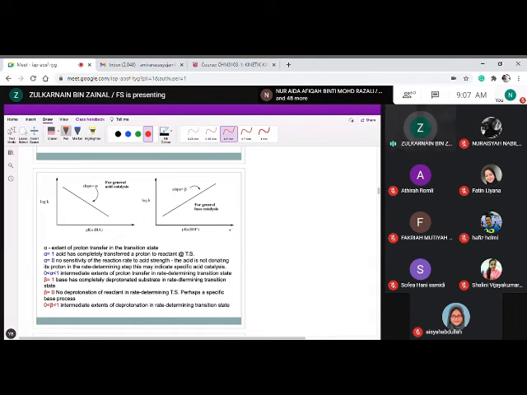The same way, you can also plot log K versus pKa for BH plus in another situation, and then you will get the slope as beta, sorry, beta.